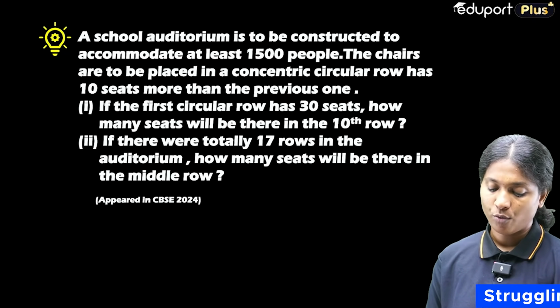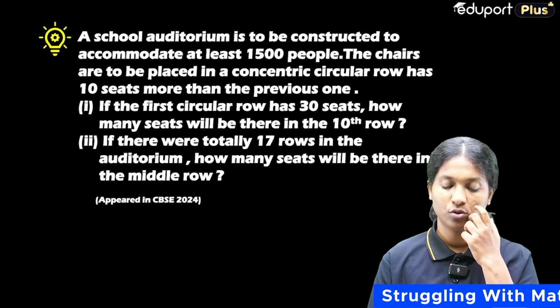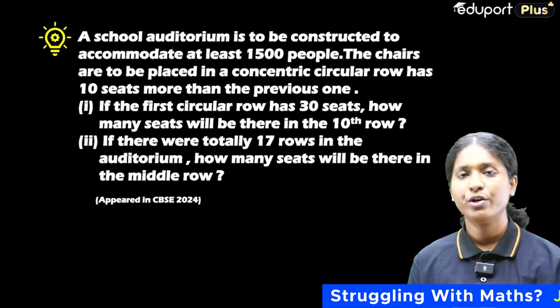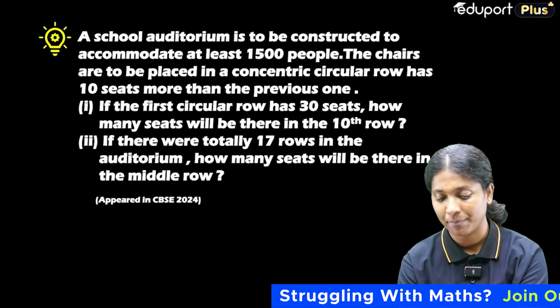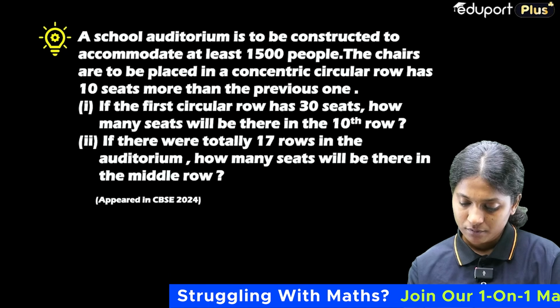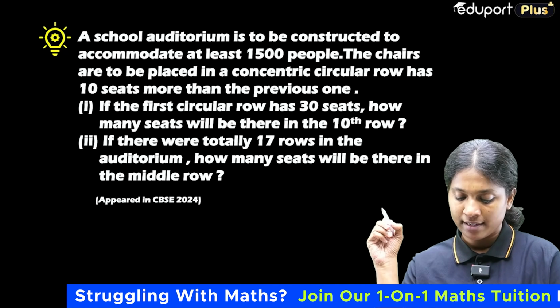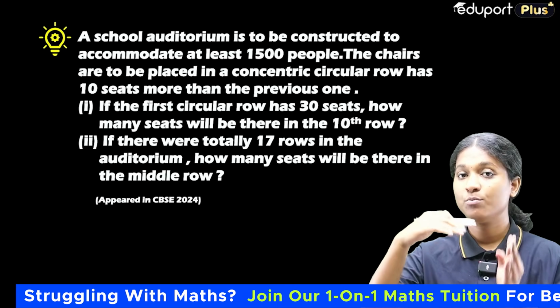Okay, let us see how we can do it. First of all, this question is from AP. How did you find that? Because in this question they have told the chairs are to be placed in concentric circular rows, each row has 10 seats more than the previous one.